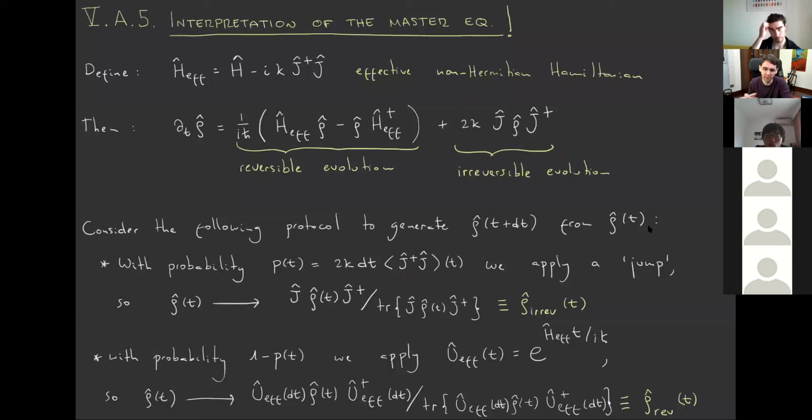In that case, we say that we are in the classical limit of the dissipation, or the classical limit of the open system, because we are neglecting the really quantum mechanical part of the open system, which is quantum jumps.